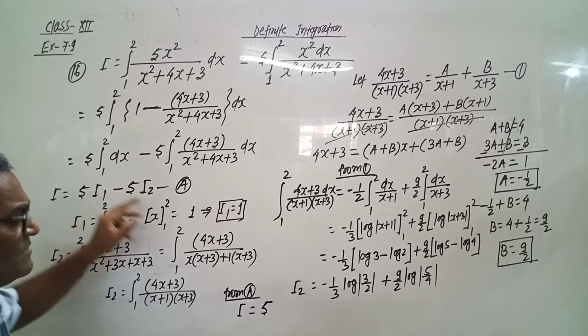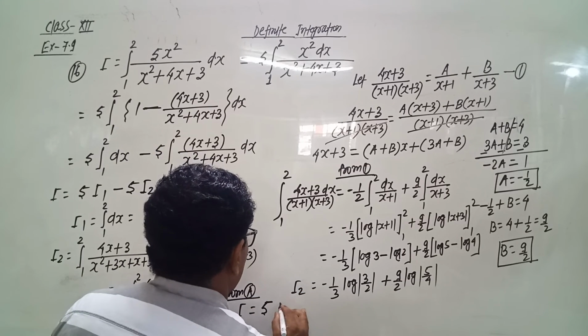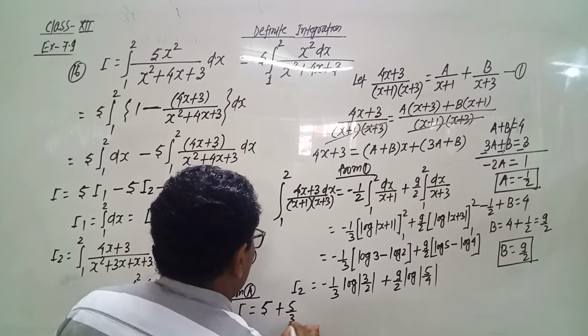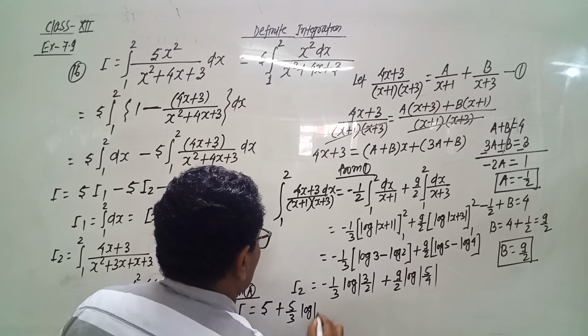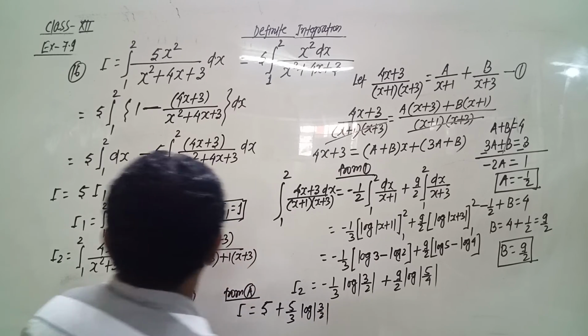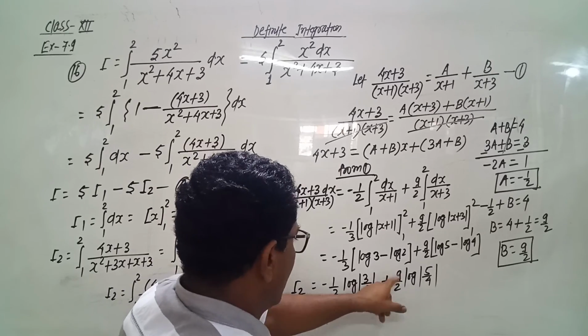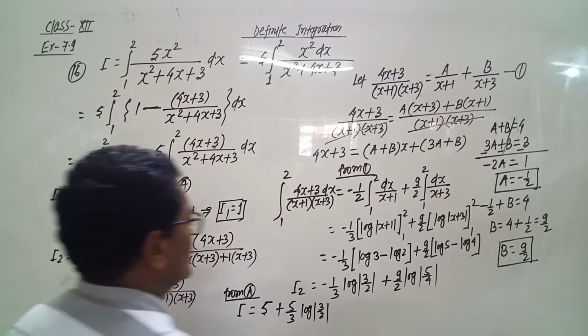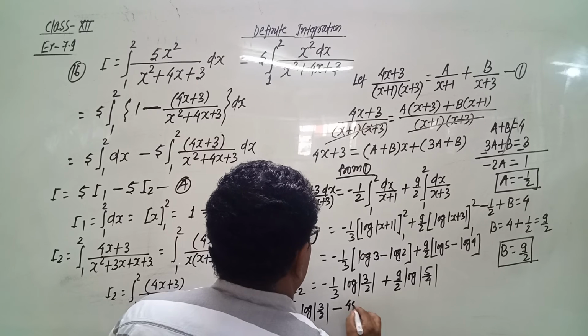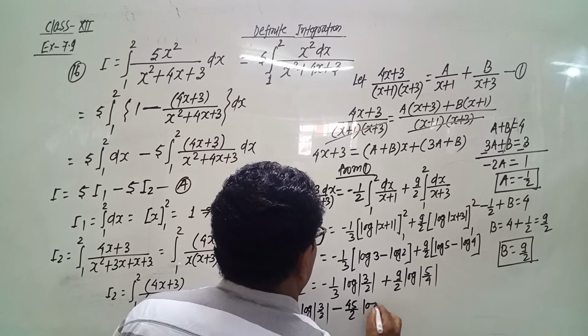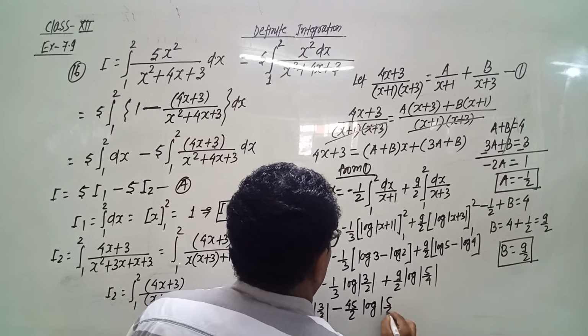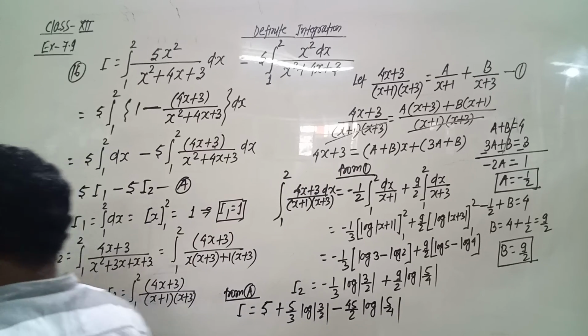So minus 5 times minus 1 by 2 becomes plus 5 by 2 log 3 by 2. Then minus 5 times 9 by 2, that is minus 45 by 2 log 5 by 4. So this is the result.